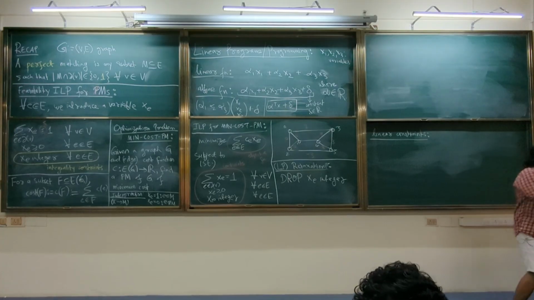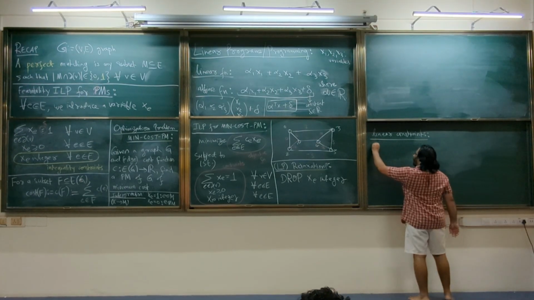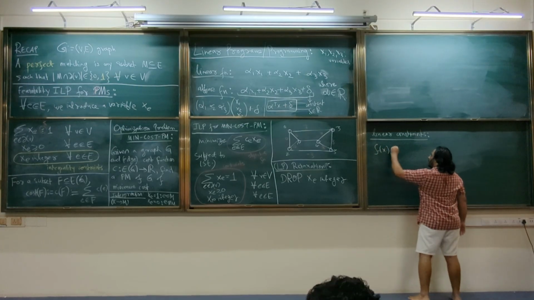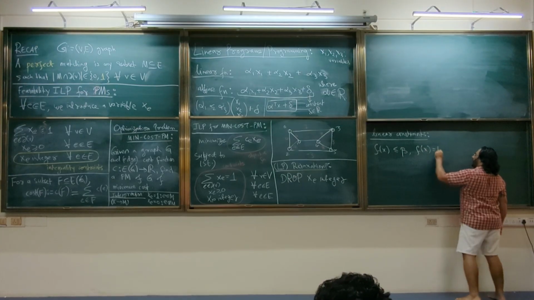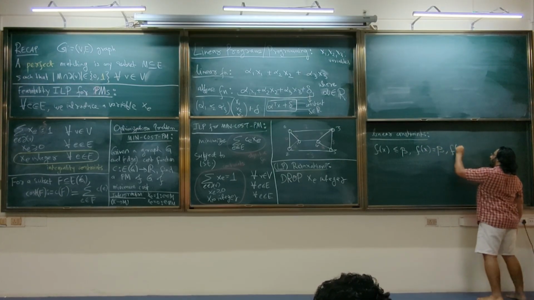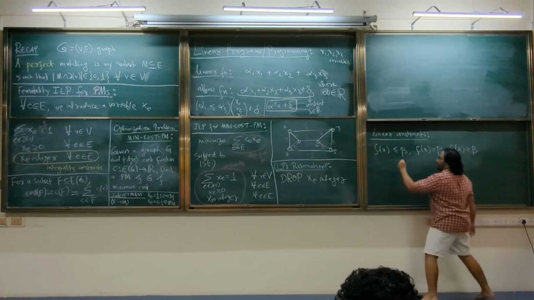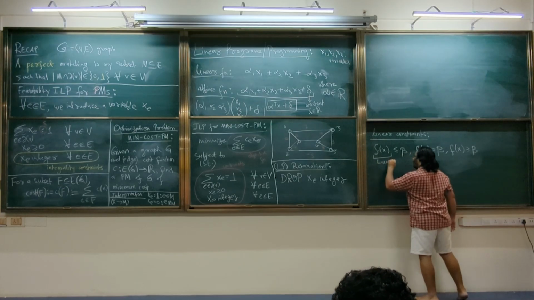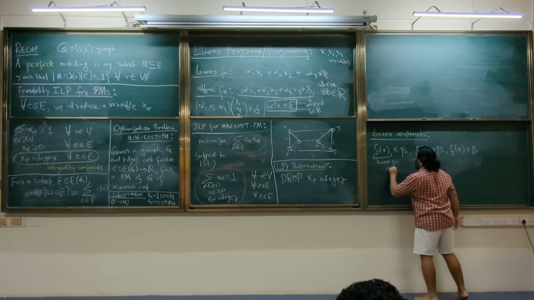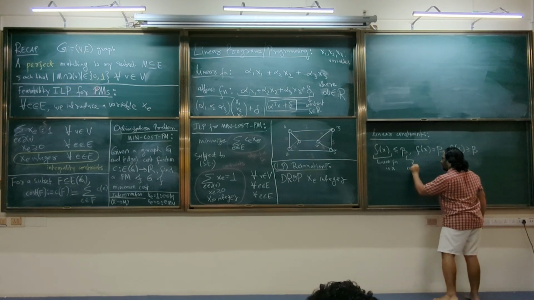So it's any f of x less than or equal to beta, f of x equal to beta, and f of x greater than or equal to beta, where f of x is a linear function in x, and beta is a constant.